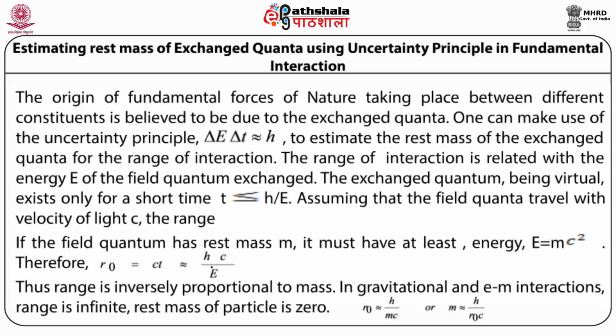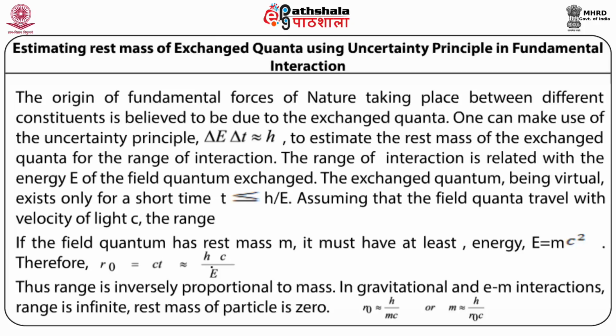Now, if the field quantum has a rest mass m, it must have at least an energy which is given by E is equal to mc squared, where m is the rest mass, c is the velocity of light. Therefore, r0, that is the coordinate which is related to time in the 4 vector space, where r1, r2 and r3 are the x, y and z coordinates, and r0 gives the time coordinate.